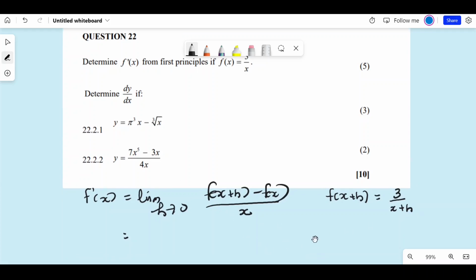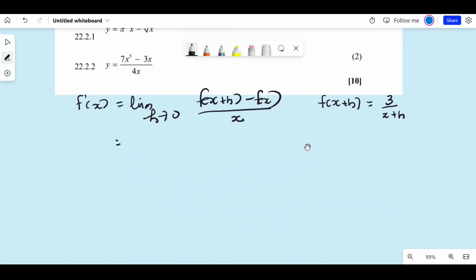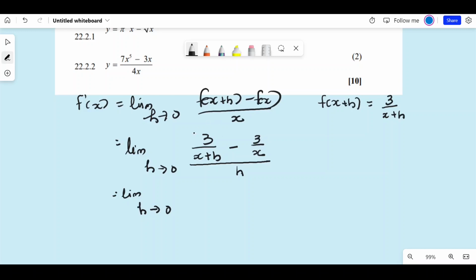Let's go back to the steps now. So here we are going to say limit h tends to 0 of 3 over x plus h minus f of x, which was 3 over x, the whole divided by h. Limit h tends to 0, simplification. Now in the numerator you have two fractions.